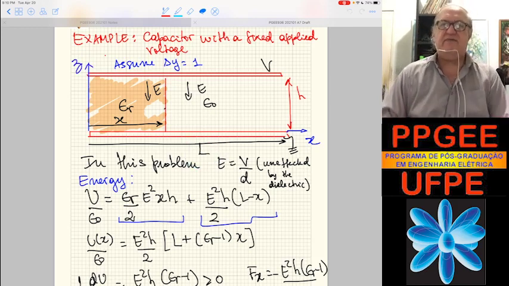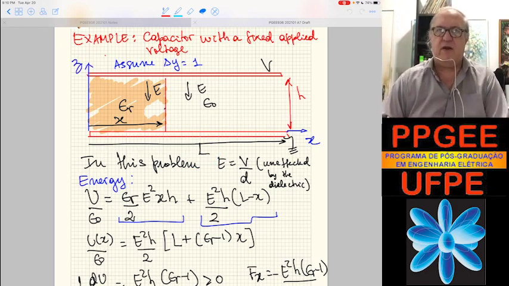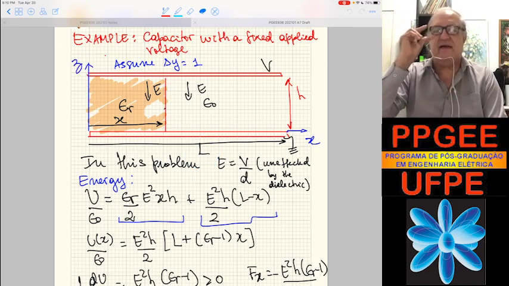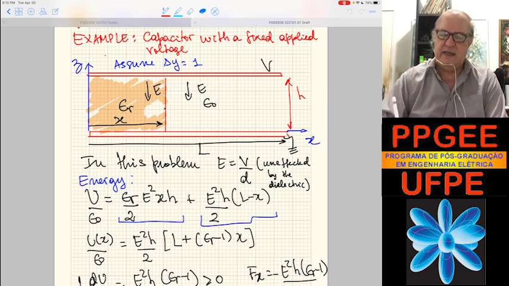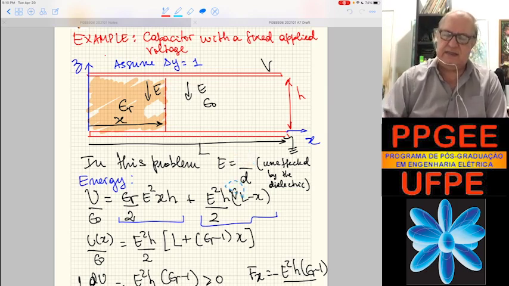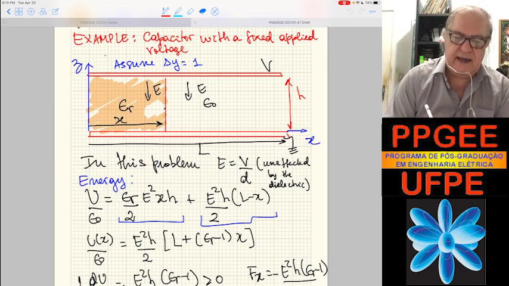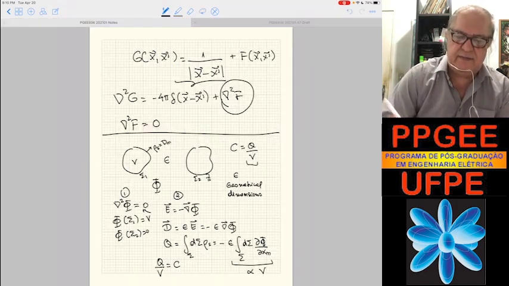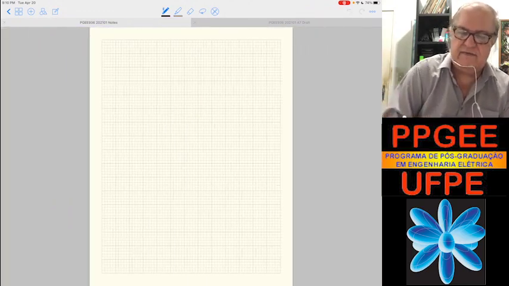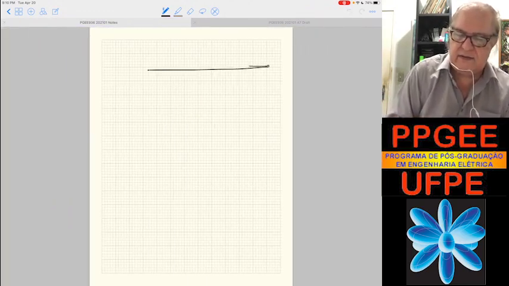So in this problem, if you solve the boundary value problem, potential is a linear function of coordinate z. So field is V over d. It's easy to show that. And also, let me make a better drawing here. We have 2 electrodes, right? I'm going to make a very quick drawing here.